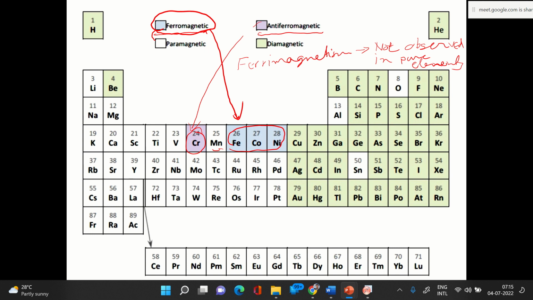But these four types of magnetic properties, ferromagnetic, antiferromagnetic, paramagnetic and diamagnetic, can be found in the periodic table for the elements in the pure form. Ferrimagnetism will be found in oxides, usually in mixed oxides, and we'll talk about it later.